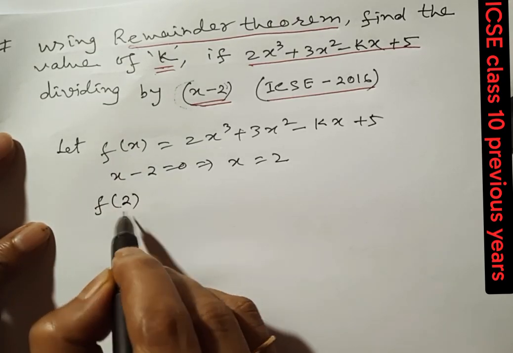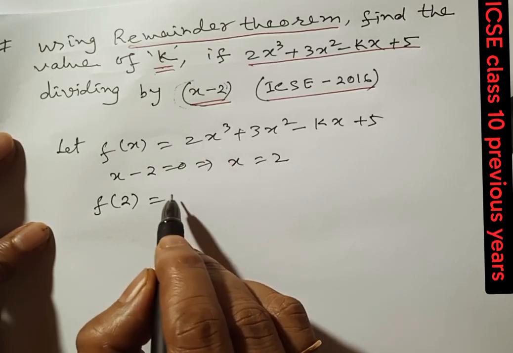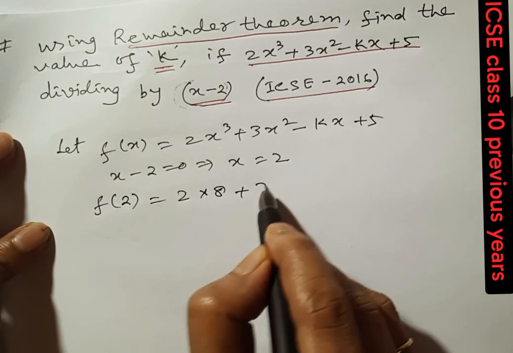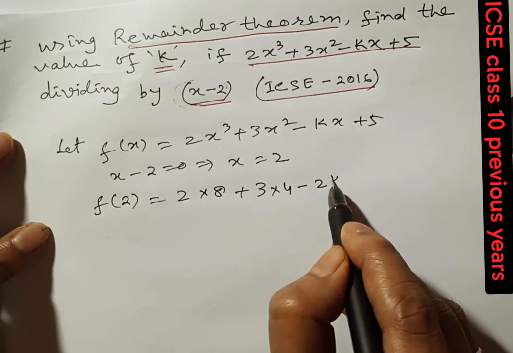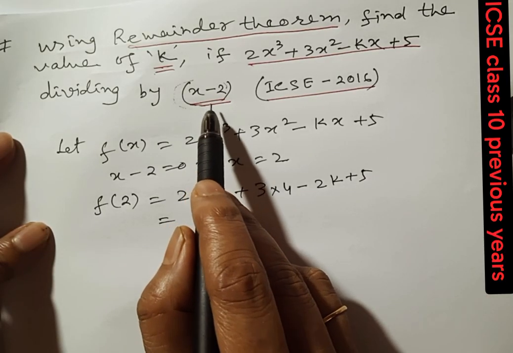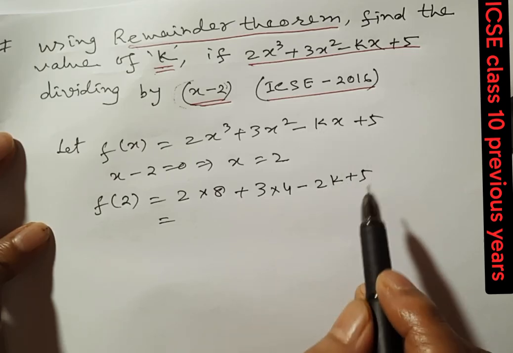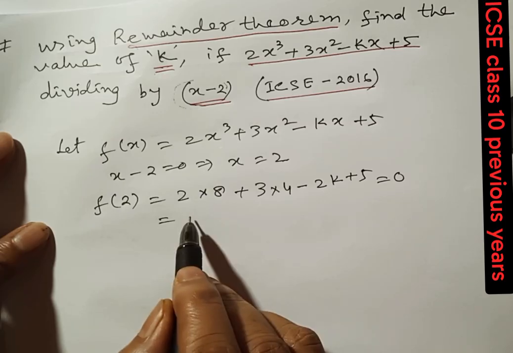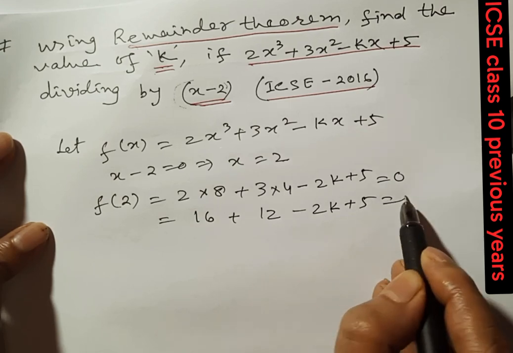So f(2): x cube means 2 cube, 8, plus 3 x square means 2 square, 4, minus x equal to 2 means 2k, plus 5. And since x minus 2 is a factor of f(x), our remainder will be 0. Here we get 16 plus 12 minus 2k plus 5 equal to 0.